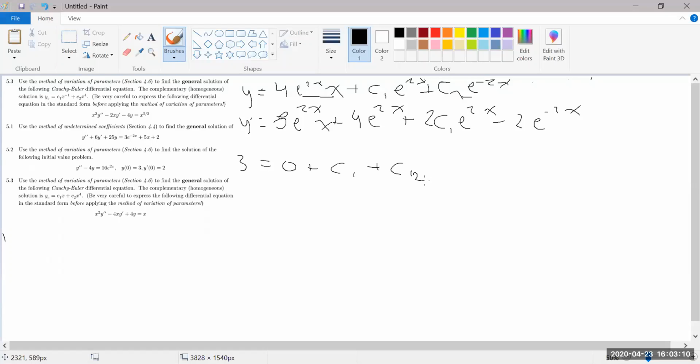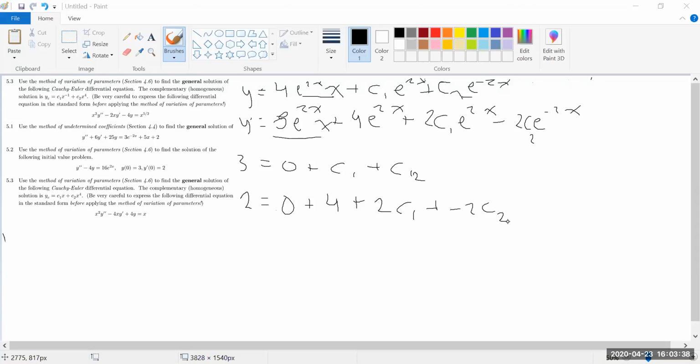Now we can plug in our y prime of 0 equals 2. So 2 equals, again, this term is 0, and then plus 4 plus 2 c1, oh, I forgot my c2, plus negative 2 c2.